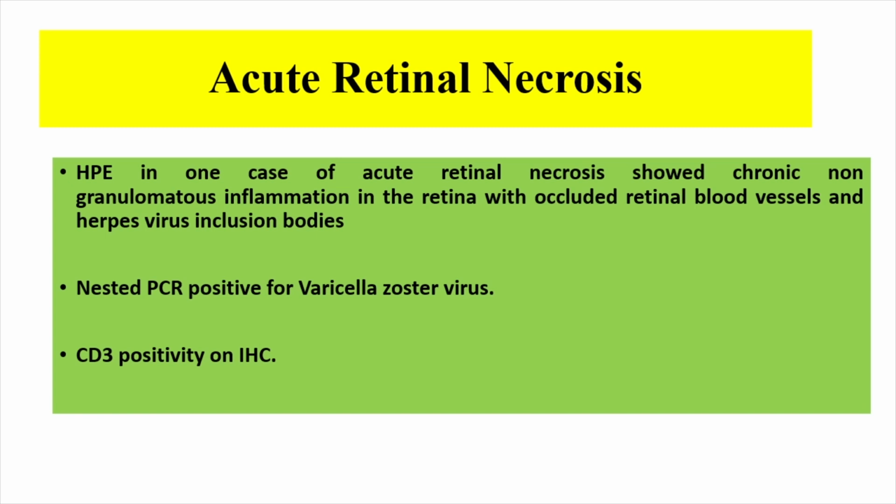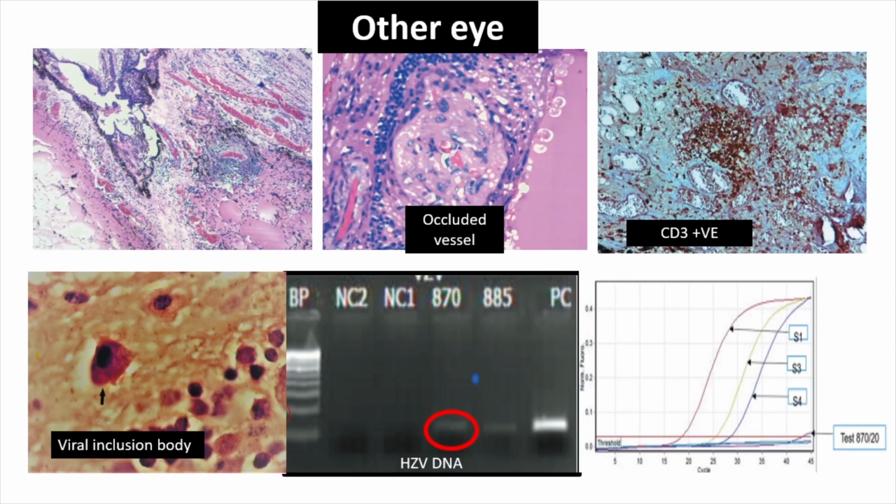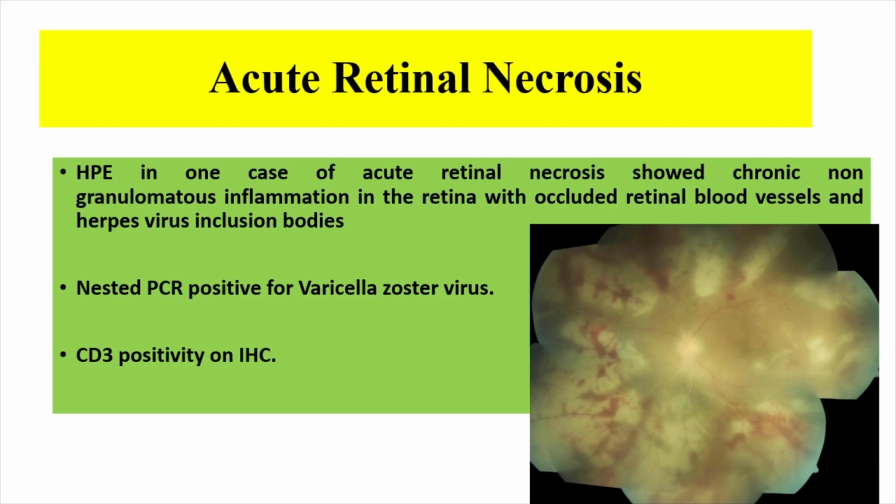Nested PCR was positive for varicella zoster virus, and immunohistochemistry showed CD3 positivity, T cells seen in the chronic inflammation.